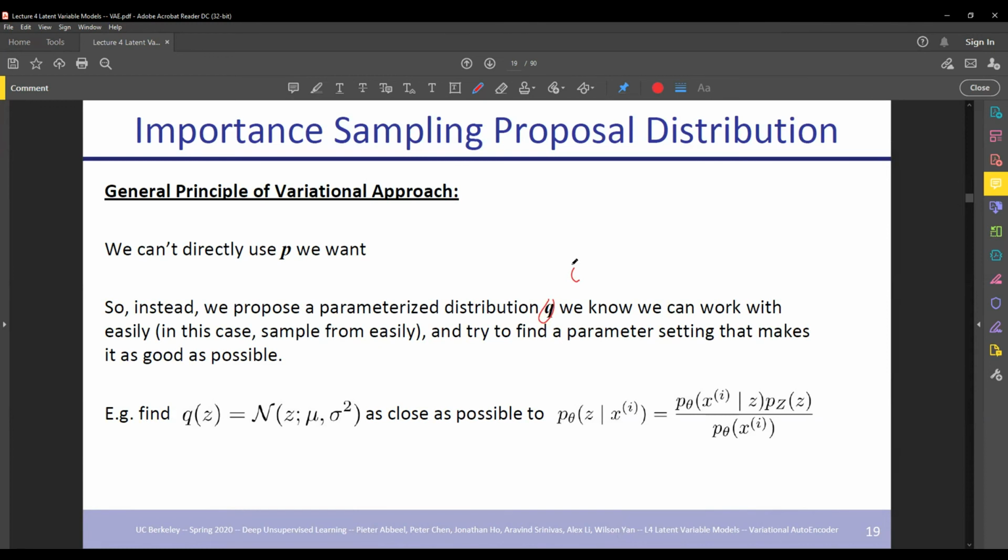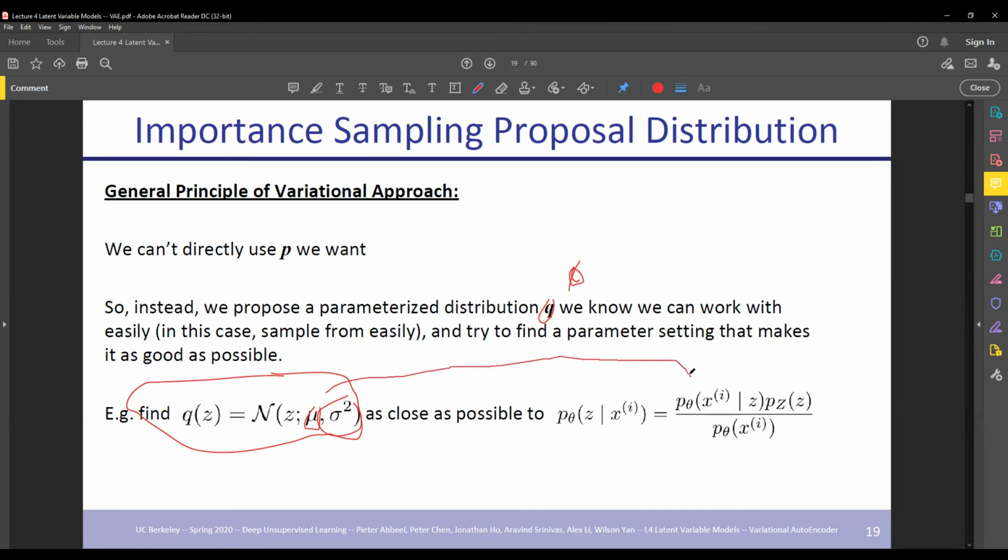Similarly, we parameterize Q with variable phi, and we choose the distribution again to be such that it can be sampled easily. And remember, this distribution which is now being parameterized is to be a Gaussian with the parameters mu and sigma squared.